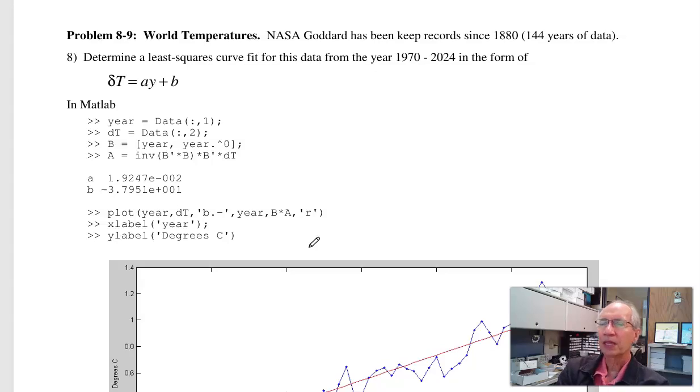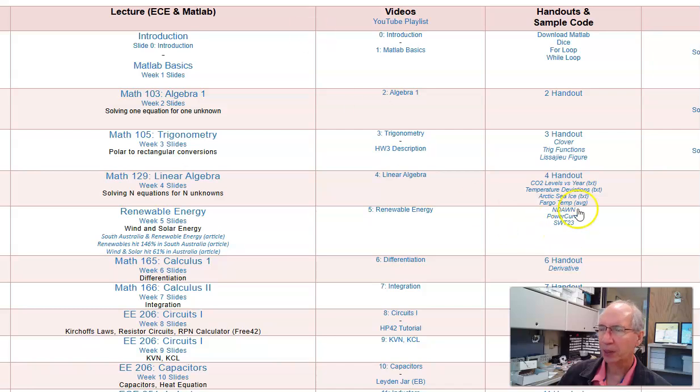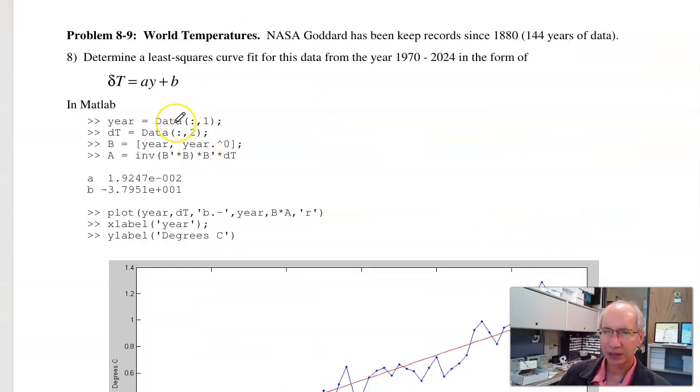Finally, NASA Goddard has been recording global temperatures since 1880. That's 144 years of data. Find a least squares curve fit from the year 1970 to 2024. So there, I again just go to Bison Academy, pull in the data set, grab years 1970 to 2024, and paste them into Matlab.